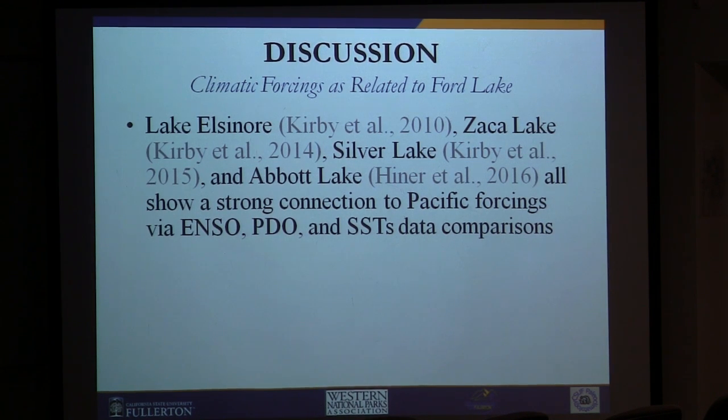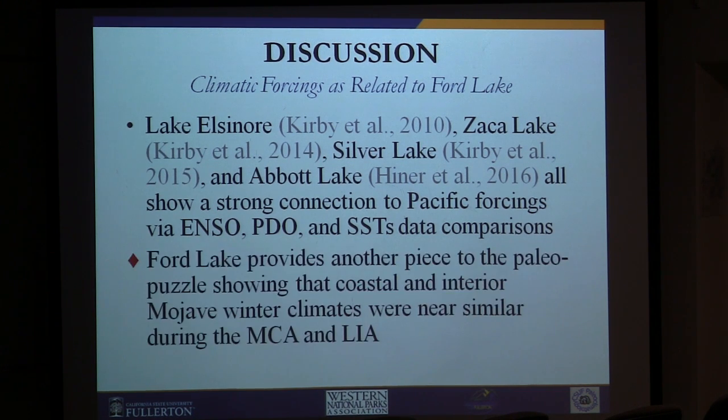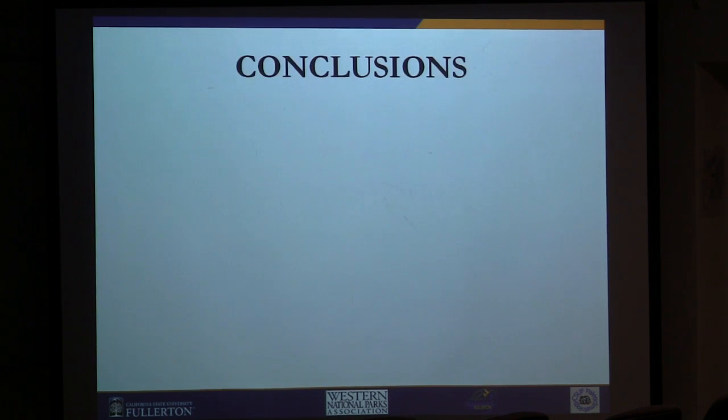Also, we use the Lake Elsinore, Zaca Lake, Silver Lake, and Abbott Lake. They all show a strong connection to these Pacific forcings, and so PDO and sea surface temperature data comparisons. So basically, Ford Lake provides another piece to the paleo puzzle, showing that coastal interior Mojave winter climates were near similar during the MCA and LIA.